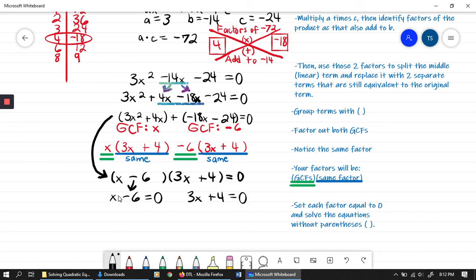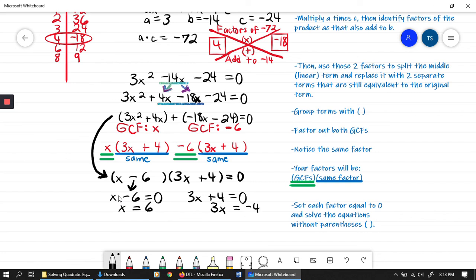When we solve each of those equations, for the equation on the left we add 6 to both sides. That gives x equals 6 as one of the solutions. On the right side, we subtract 4 from both sides, which leaves us with 3x equals negative 4.